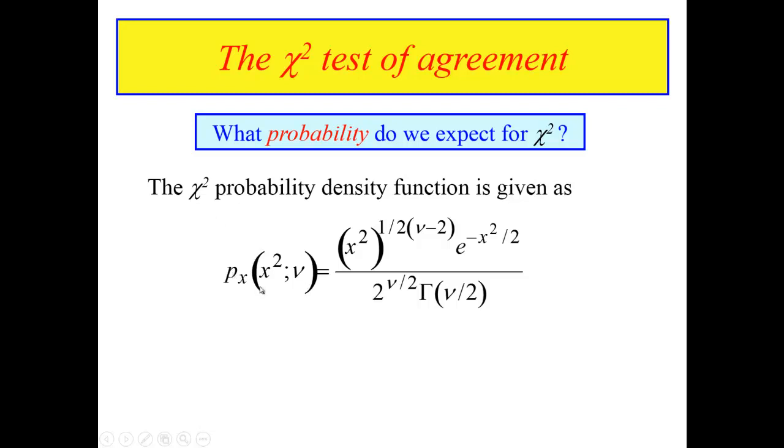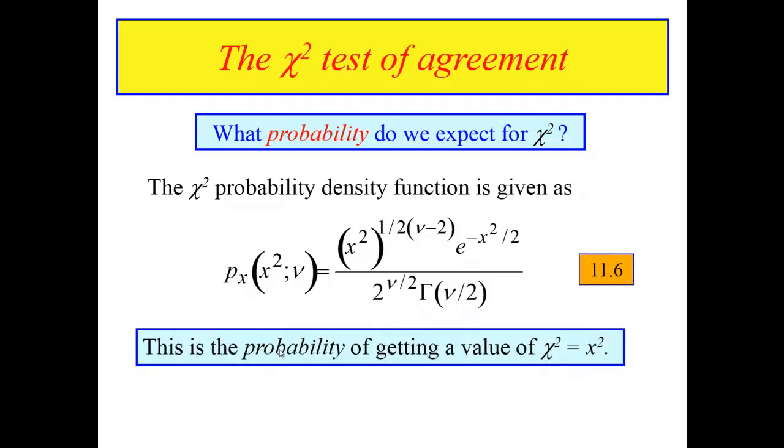If you have a function that has a certain number of degrees of freedom, then the probability of getting a particular value for chi-square when you take a set of data points out of the parent population is given by this complicated looking function that comes from Chapter 11. That's the probability of getting a particular value of chi-square.